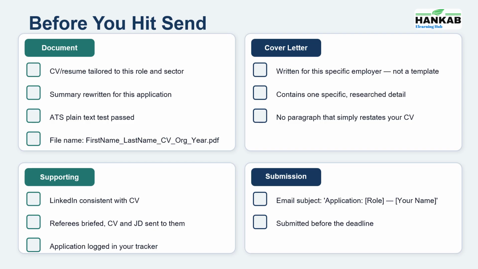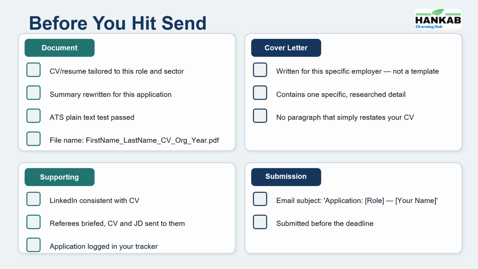Rename your cover letter: first name underscore last name underscore cover letter underscore organization name underscore year dot PDF. Open the application tracker template in your workbook and log this application as your first entry. Run through the complete application package checklist in Section 6.4. Every item before you submit.